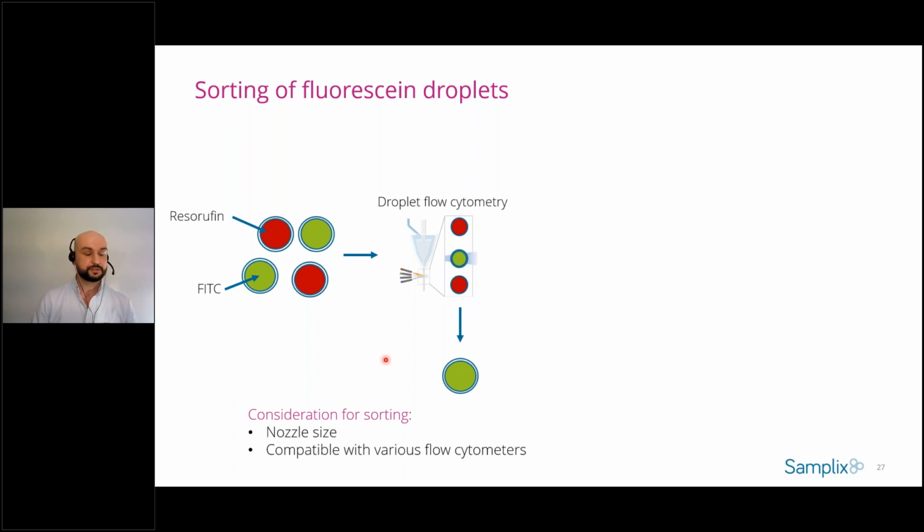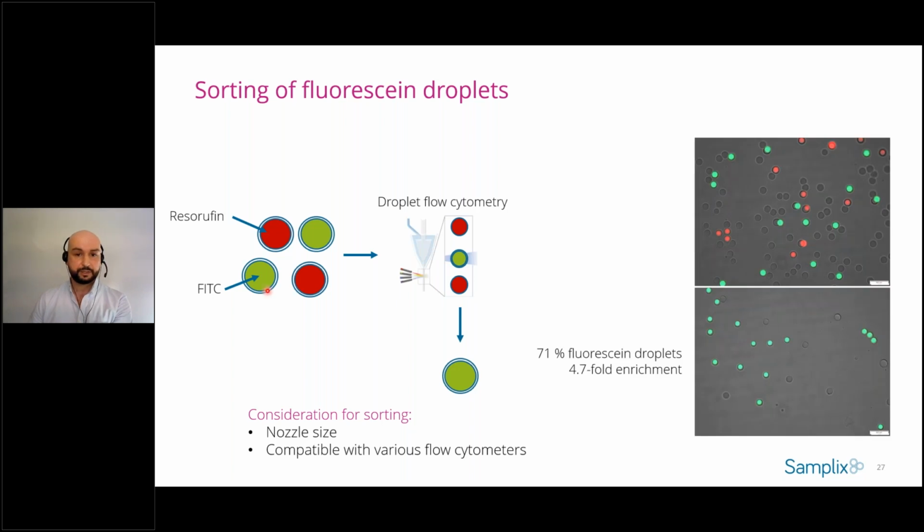We wanted to see if they are stable during flow cytometry analysis and sorting. For this, we encapsulated resorufin and FITC in a 1-to-1 ratio in droplets and analyzed them by FACS. Important here is that our droplets are also compatible with various flow cytometer instruments. So this was before the sorting.